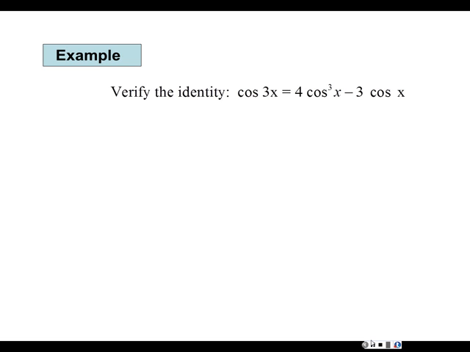Alright, now you can apply the formula for, let me check. Okay, I think this cosine, right?